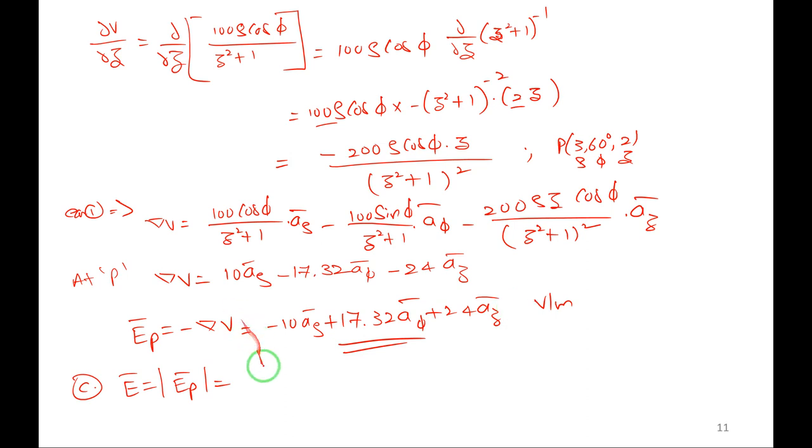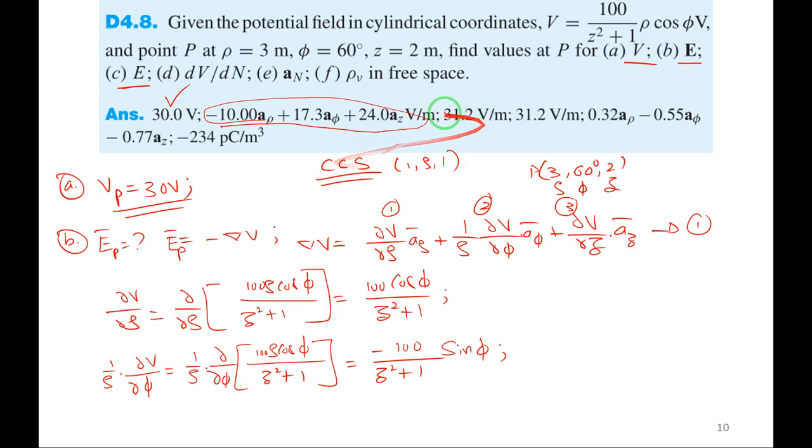So root of this I am getting it as 31.24 volt per meter. Sorry, I should not write it as a vector because it's magnitude, right? So this one is correct, volt per meter. Just check it, 31.24 volt per meter. So this is over.